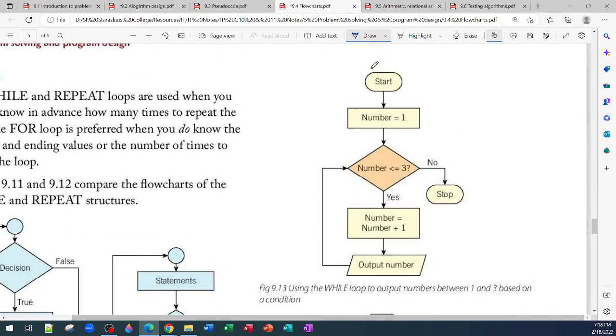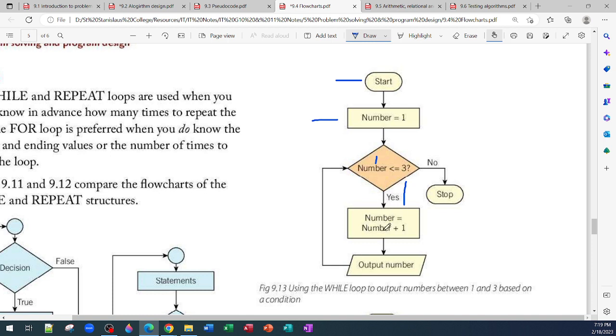All right, so let's go through this one here. Now, it doesn't say it is a loop, but the fact that it's repeating a certain part, we can consider it a loop, because we are going to start and initialize this variable number with a value of 1. Now we go to the decision and ask ourselves, is 1 less than or equal to 3? That is true, so that's yes. We come down here.